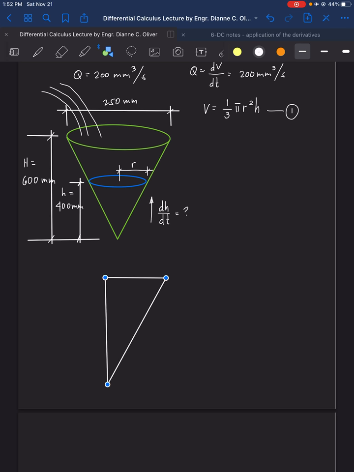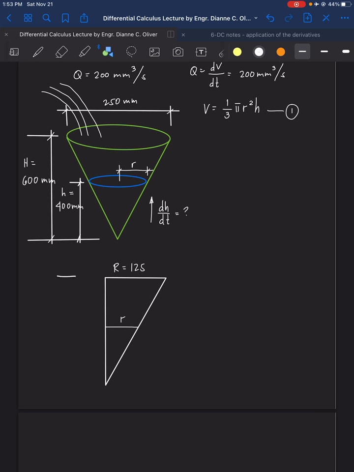So this becomes the radius, and this is the bigger radius. This is the radius of the conical vessel, which is 1/2 of 250. So 1/2 of 250 is 125.